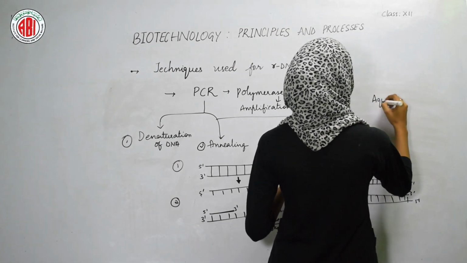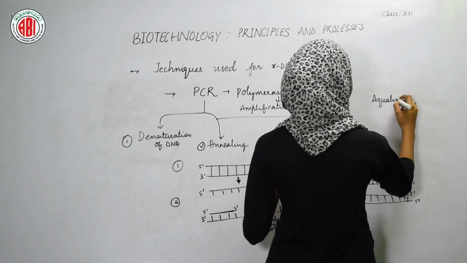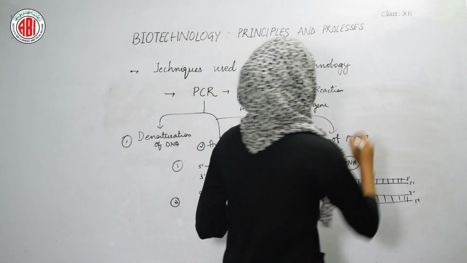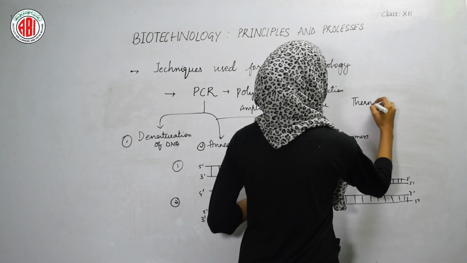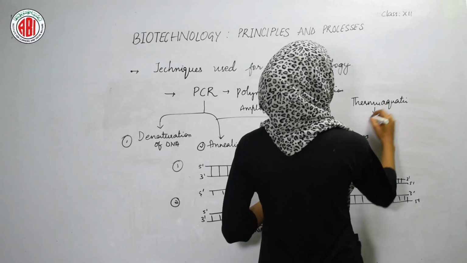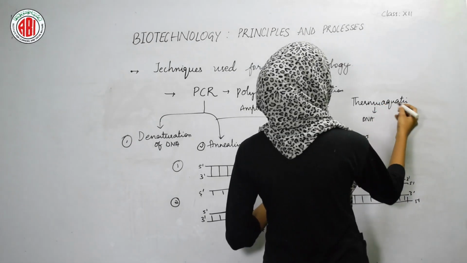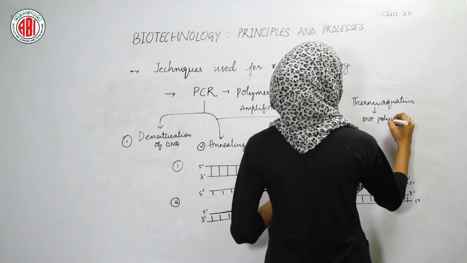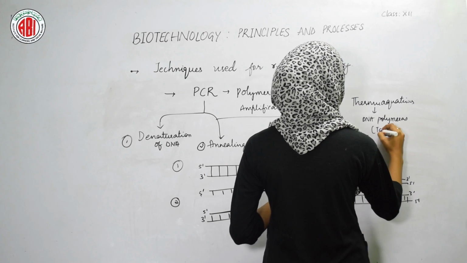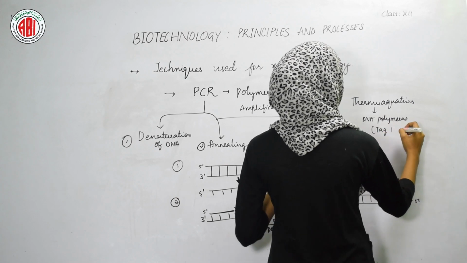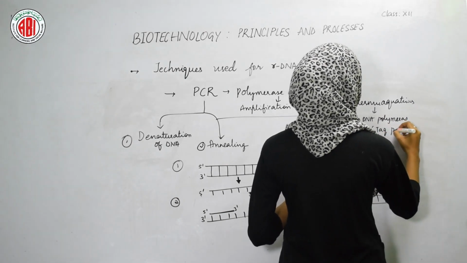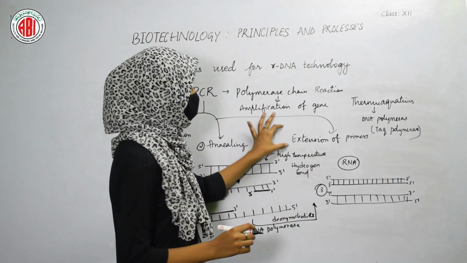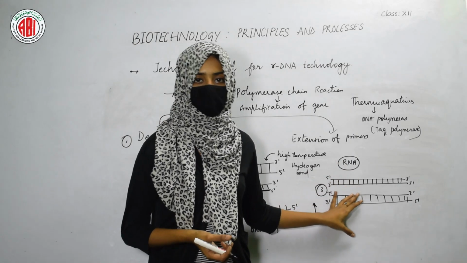We isolate this DNA polymerase from Thermus aquaticus, which is a thermostable bacterium. The DNA polymerase isolated from Thermus aquaticus is called Taq polymerase, and this is thermostable and can withstand higher temperature. This Taq polymerase helps in the extension of primer, that is, in the addition of nucleotides.